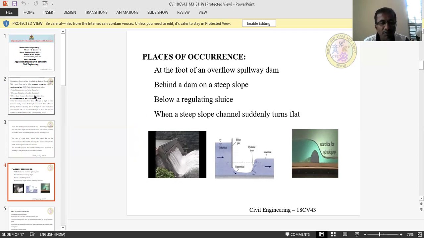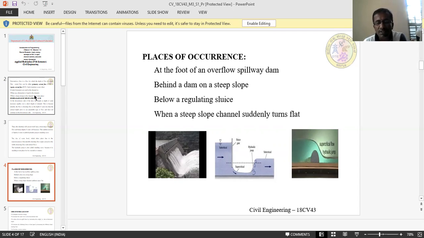So at the downstream of the spillway, a hydraulic jump occurs. Behind a dam with a steep slope, a hydraulic jump also occurs at a particular place. Below the regulating sluice, usually sluice gates or gates provided above the crest of the spillway or weirs to increase the storage capacity.